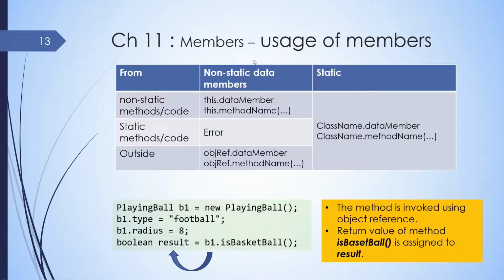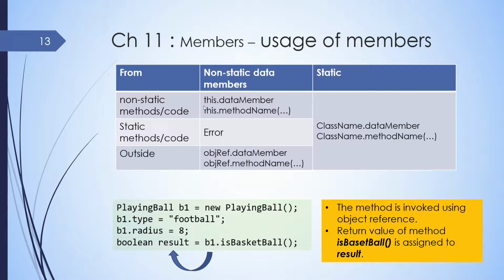So if data members are declared, how can we use them? Let's take a look at the rules governing them. For any non-static data members to be accessed from non-static methods or code, we can use this.dataMember, and if it is a method, then we can say this.methodName.